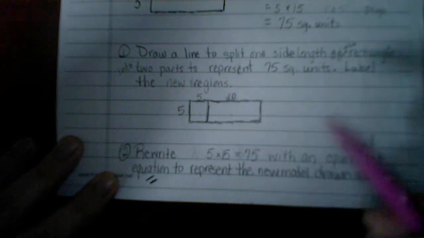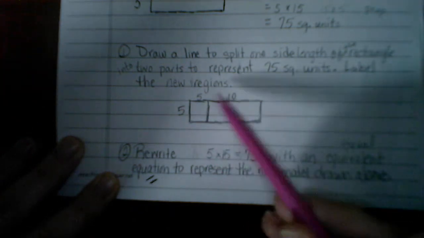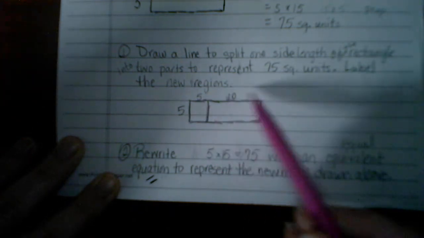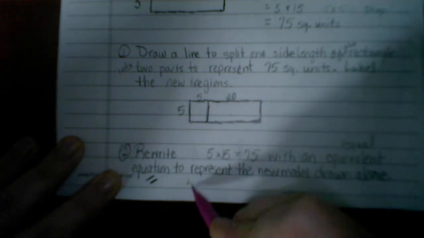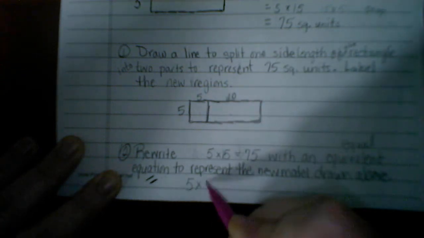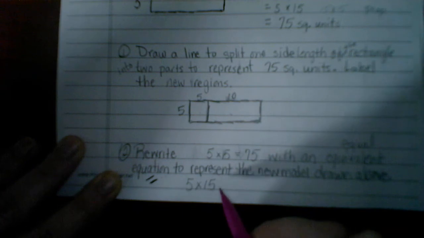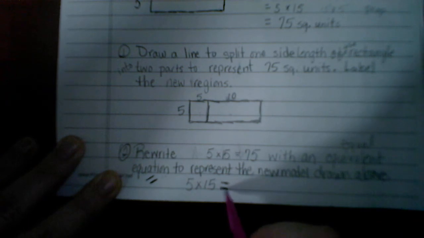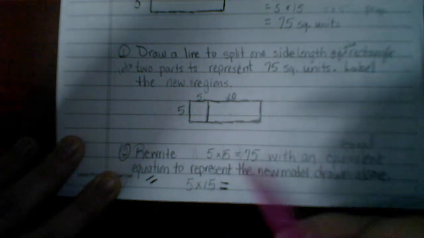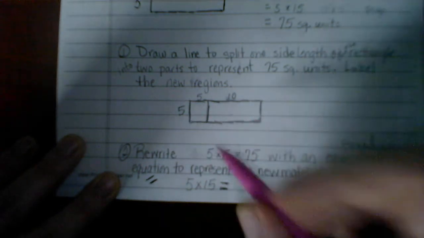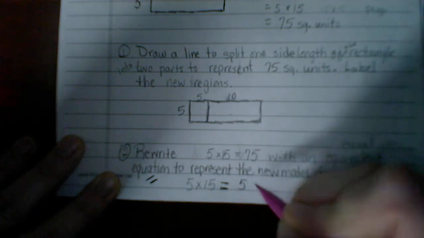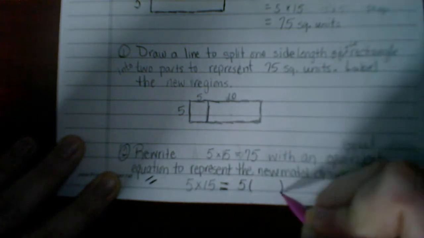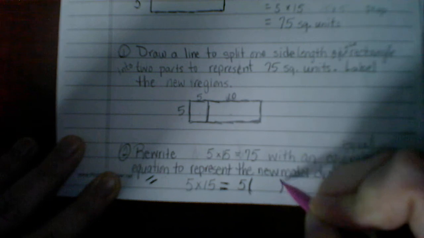Okay, so previously we did 5 times 15, and we have to write an equivalent equation. So it has to be equal. And how about we do 5 times, that's what the parentheses mean.